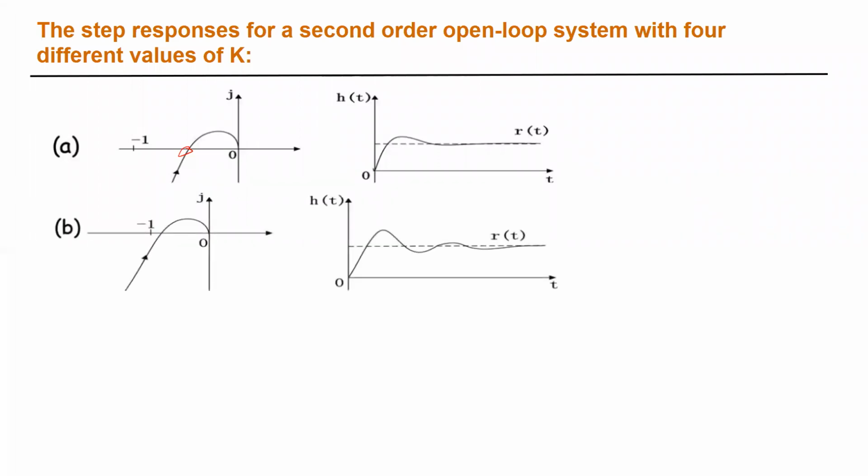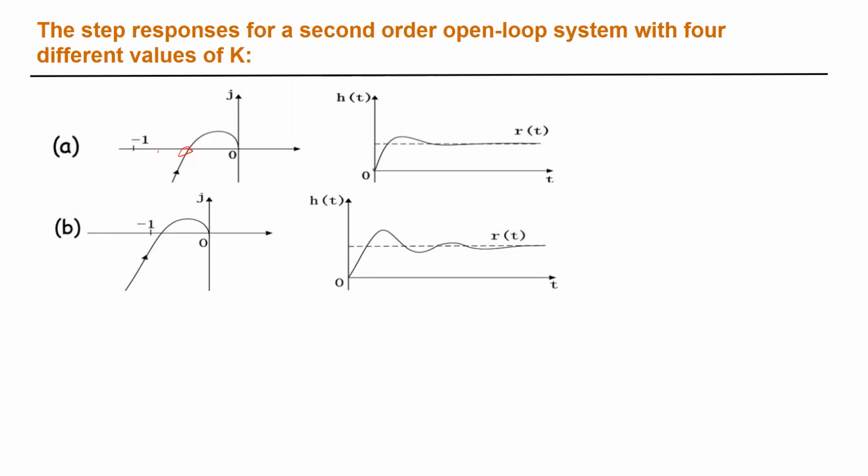The other case: I'm moving nearer to the -1. So the oscillation will be more, but the system is still stable. In terms of relative stability, definitely case A is more stable than case B. Now suppose I pass the Nyquist through -1.